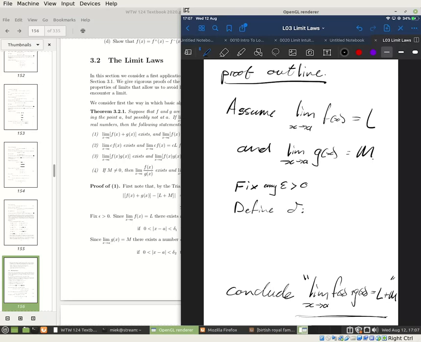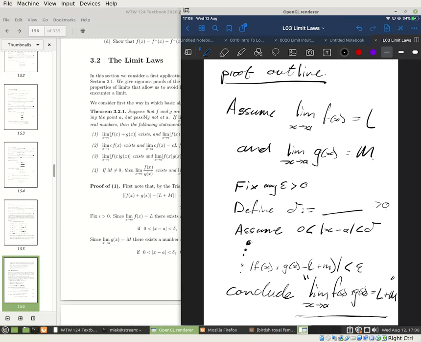We must show that there exists a delta, as long as it is positive, so that, assume that 0 is less than |x minus a| is less than delta, and now we want to conclude under this assumption that |f of x plus g of x minus (L plus M)| is less than epsilon.